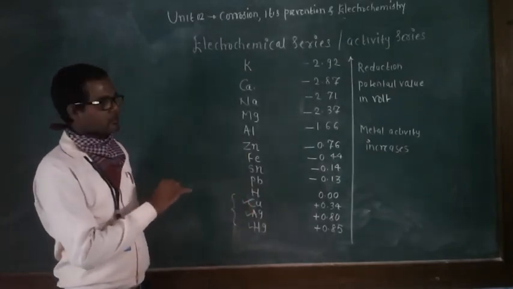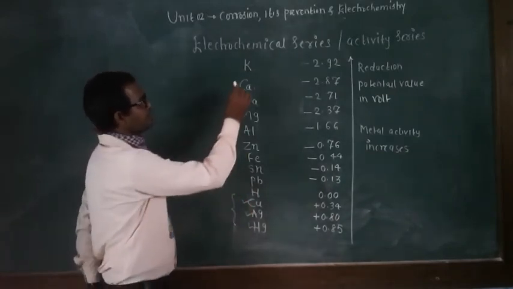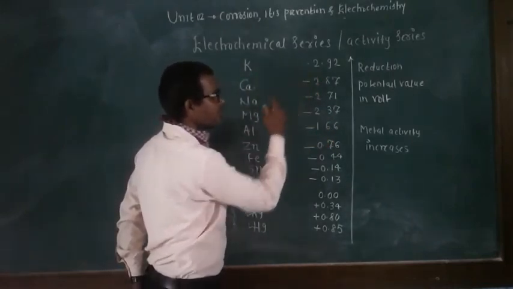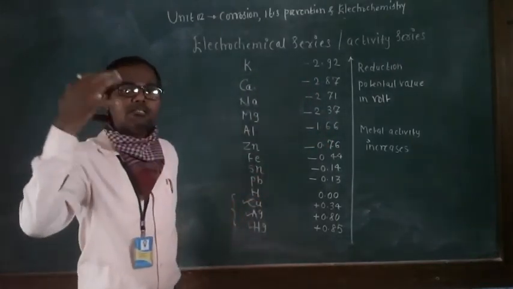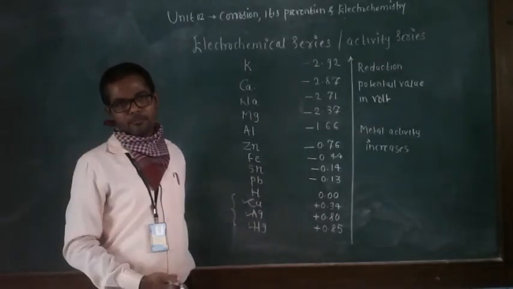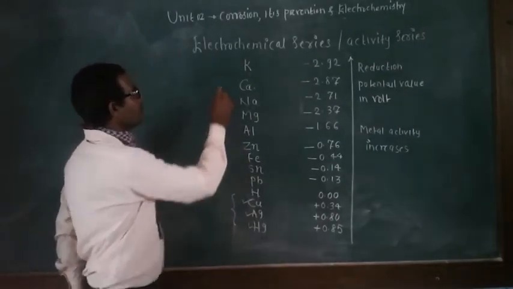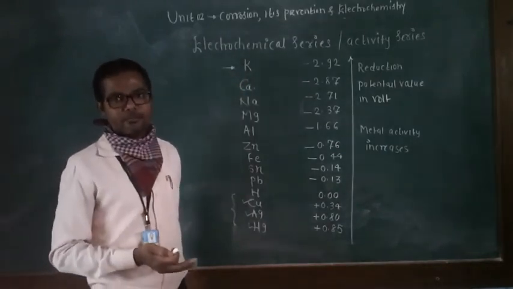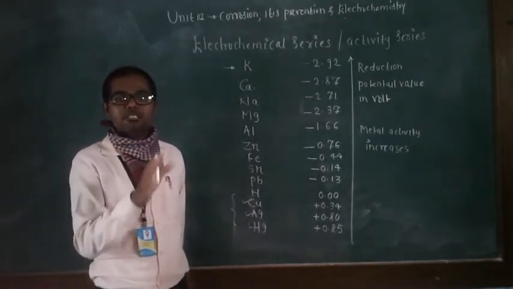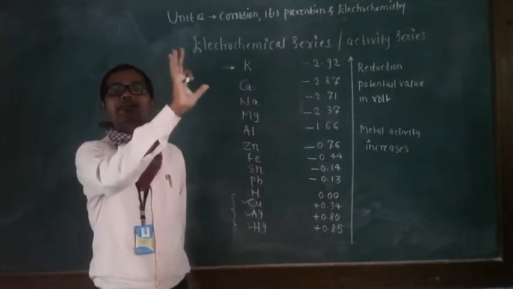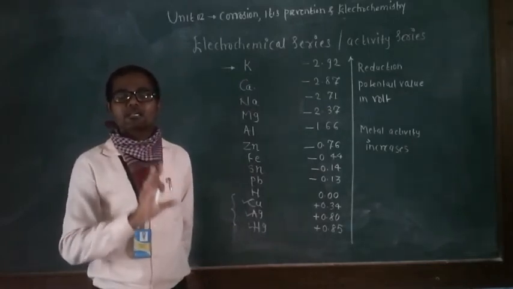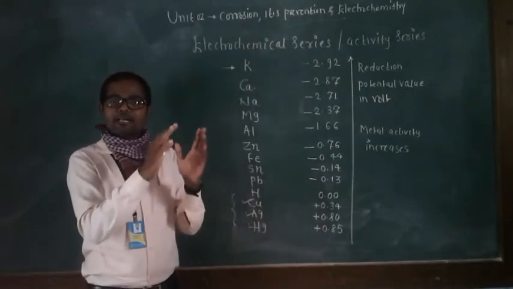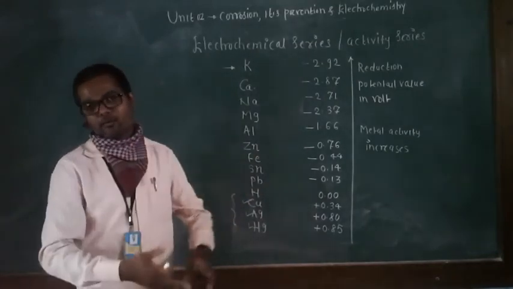Therefore you see that the reduction potential value of potassium is minus 2.92. That indicates that potassium is a highly active metal, and potassium is placed at the top of the activity series or the electrochemical series, which indicates that potassium has a tendency to lose the electron.